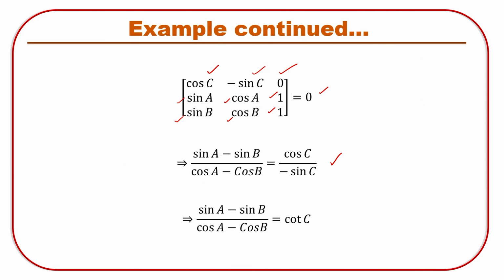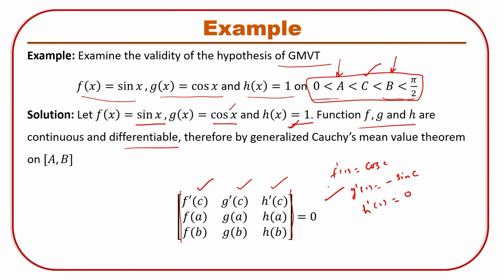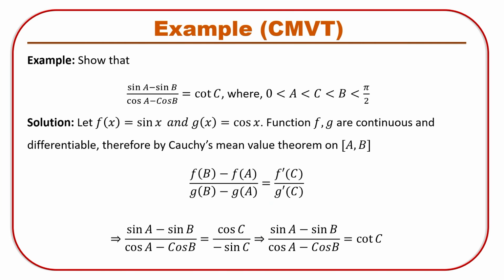So, (sin a minus sin b) divided by (cos a minus cos b) is equal to cos c over minus sin c, which is minus cot c. So, (sin a minus sin b) divided by (cos a minus cos b) is equal to minus cot c, and that is what was asked, where 0 < a < c < b < pi by 2.